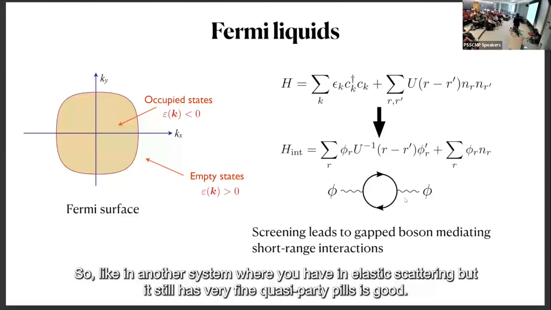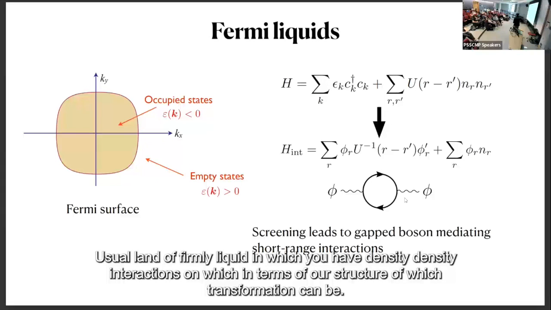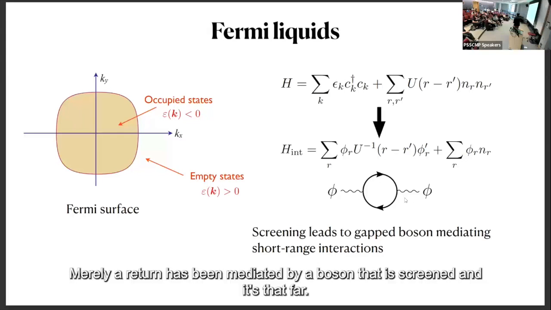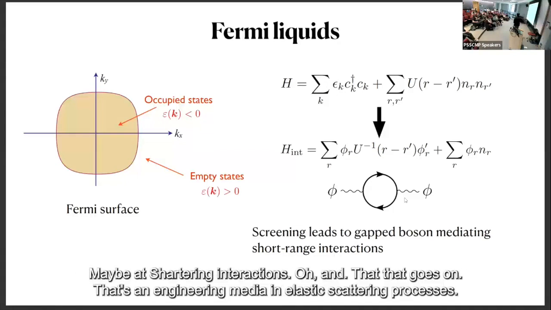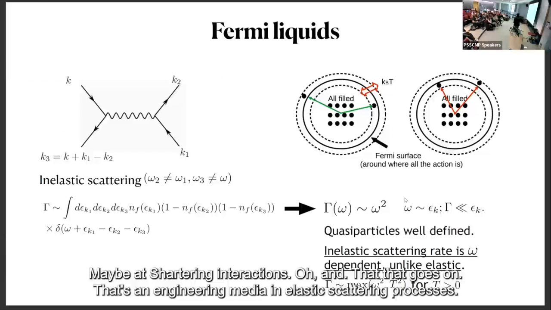Like in another system where you have inelastic scattering, but it still has well-defined quasiparticles, the usual Landau Fermi liquid, in which you have density interactions, which in terms of a Hubbard-Stratonovich transformation can be written as being mediated by a boson that is screened, and therefore it's gapped and mediates short-range interactions. And that boson will definitely mediate inelastic scattering processes.